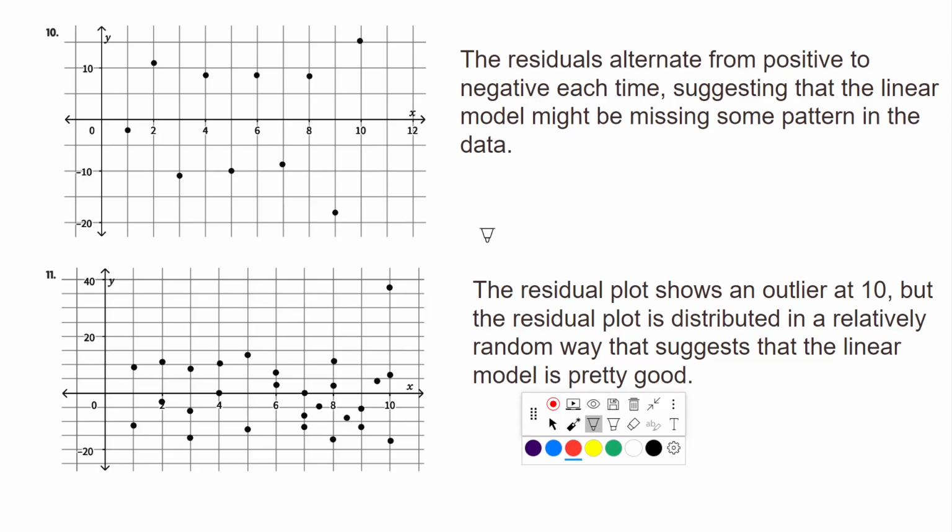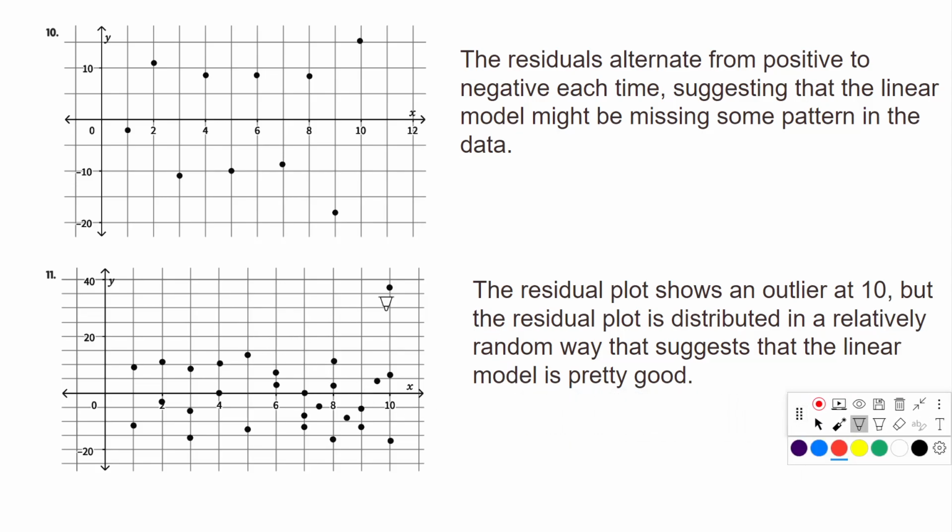And our fourth one, the residual plot here shows an outlier at 10, which is going to skew any sort of regression line. But generally speaking, other than that outlier, it is fairly consistent. It is fairly widespread.